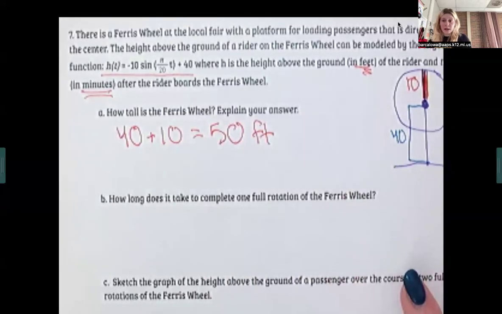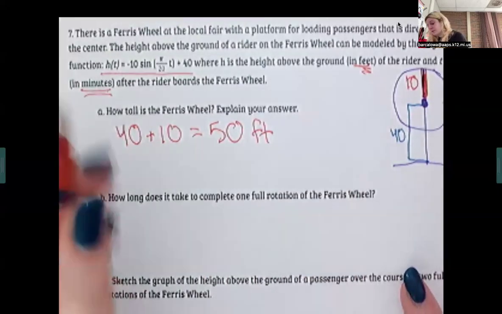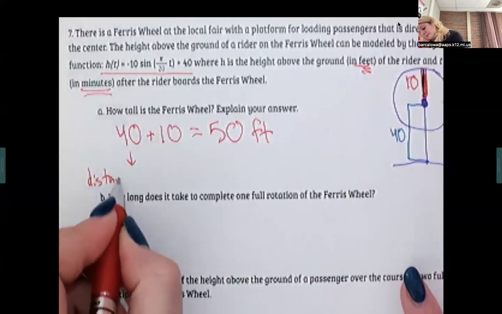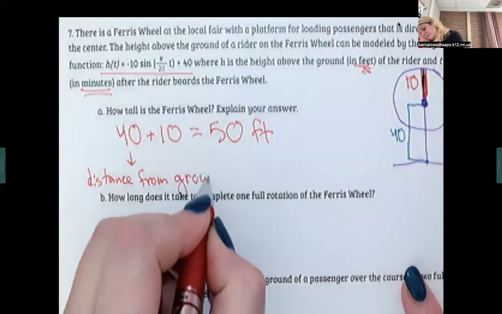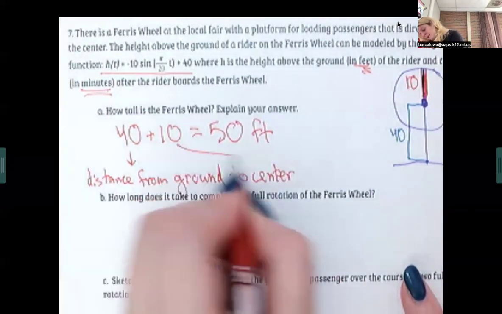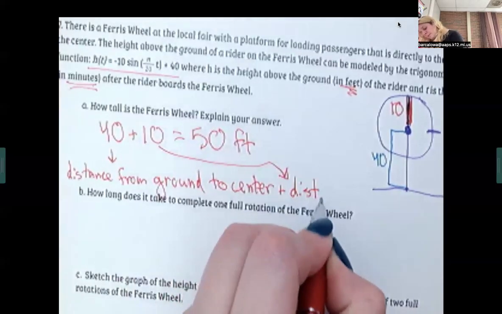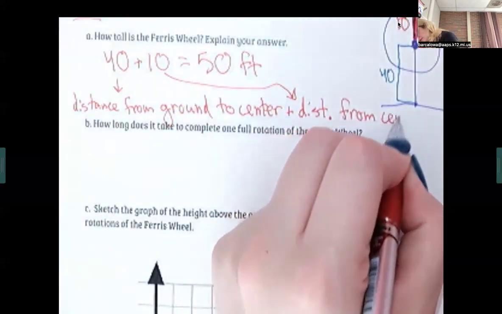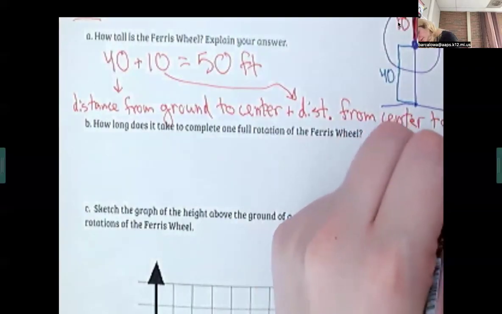Okay? Explain your answer. You won't get points if you don't explain. Okay? So 40 is the distance from ground to center. 10 is the distance, I'm going to abbreviate, from center to top.